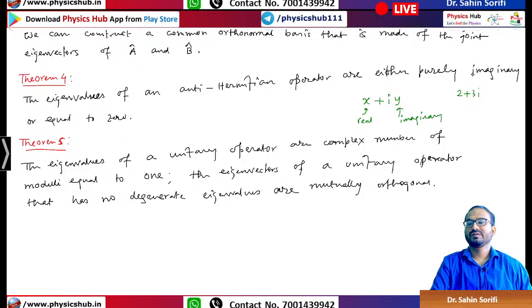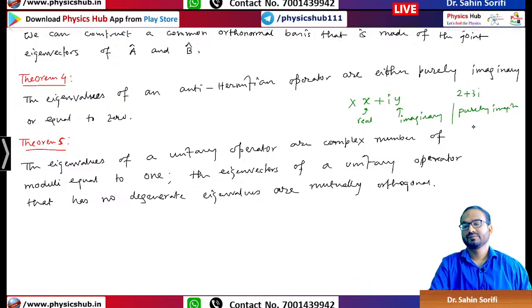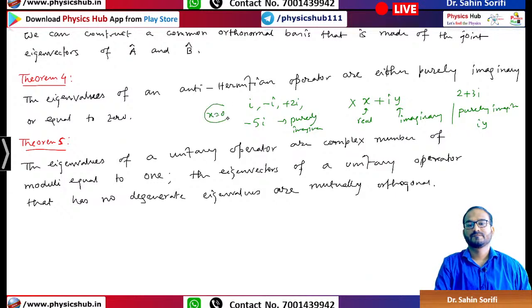Now purely imaginary means this part will be missing, only the iy part will be there. So whether you have i, minus i, 2i, minus 5i, all of these are purely imaginary because x is 0 here. Now understood, Karthik?